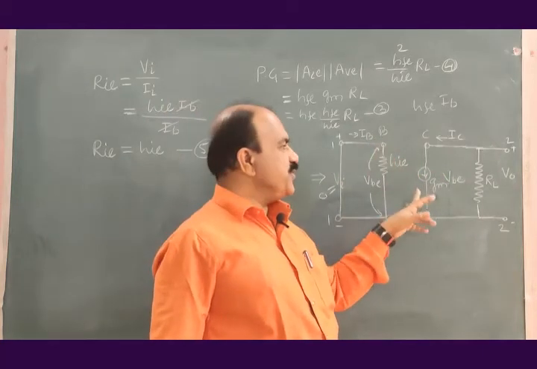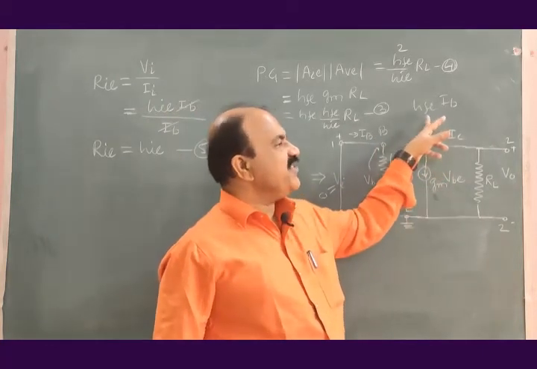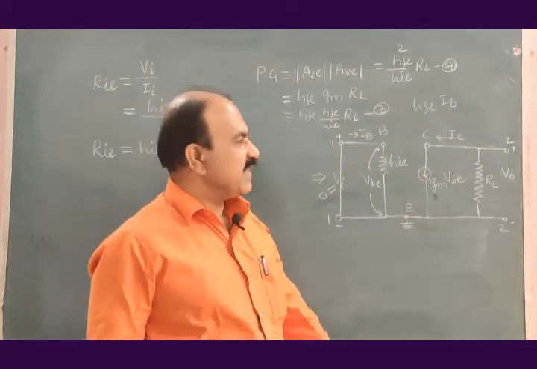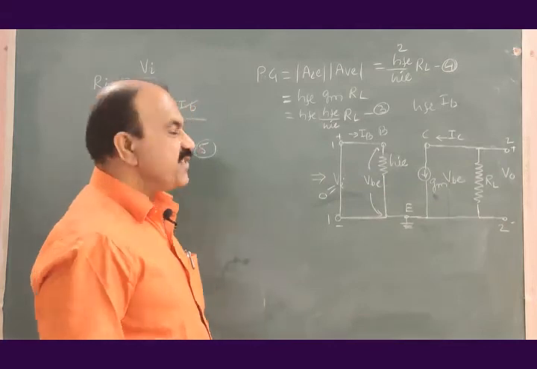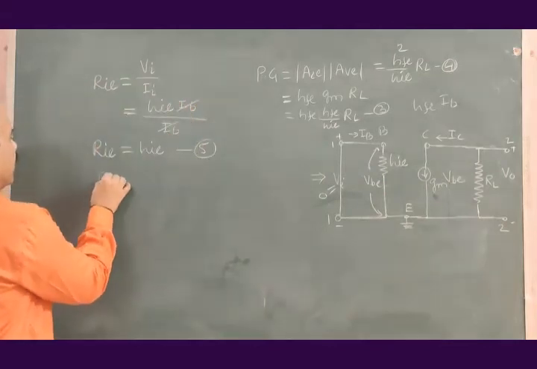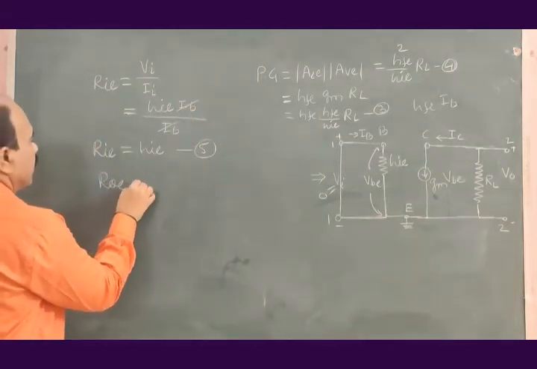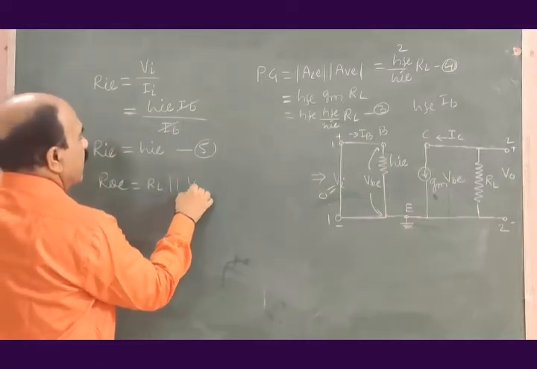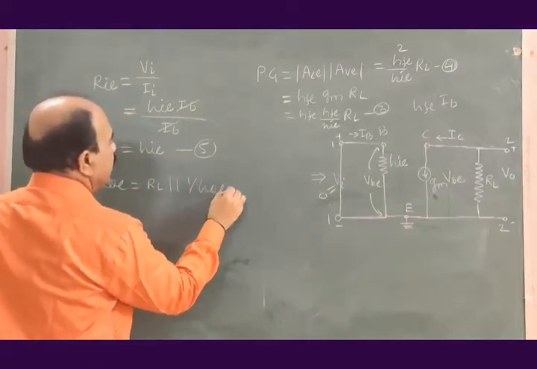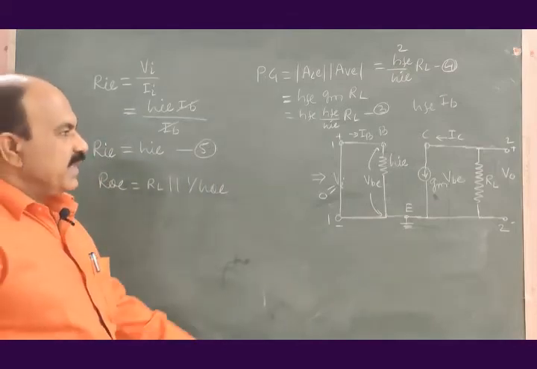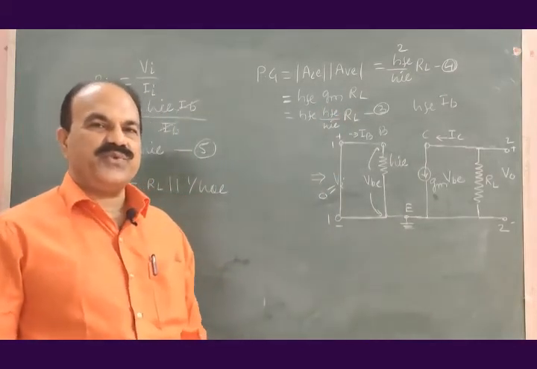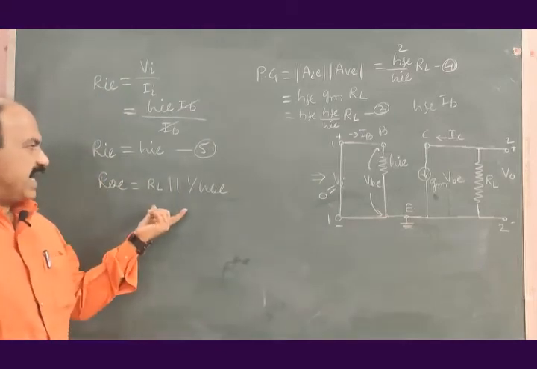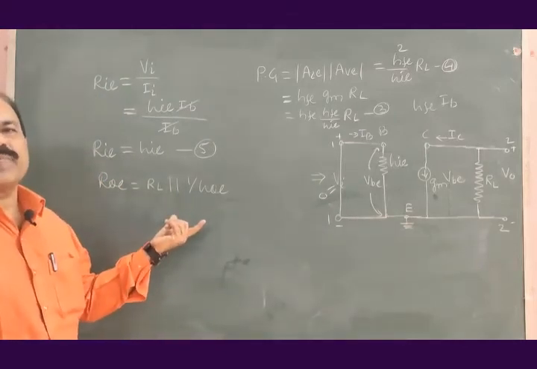As IB is 0, GM VB, which is HFE IB, will also be 0. And output resistance will be ROE equal to RL parallel 1 divided by HOE. I have not shown here 1 by HOE, but still it is present there. It is RL parallel 1 by HOE.